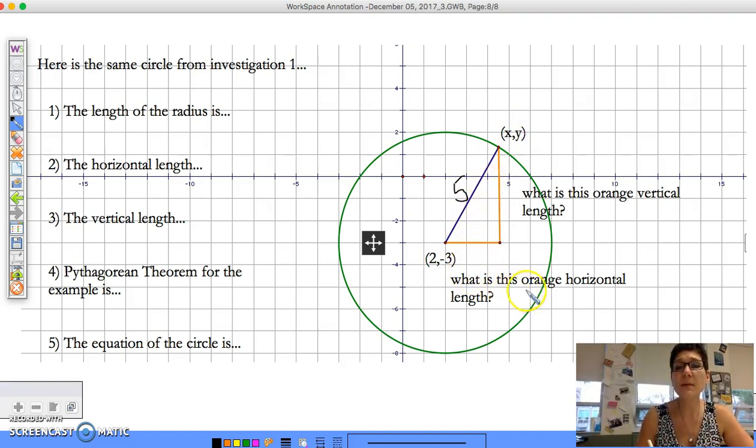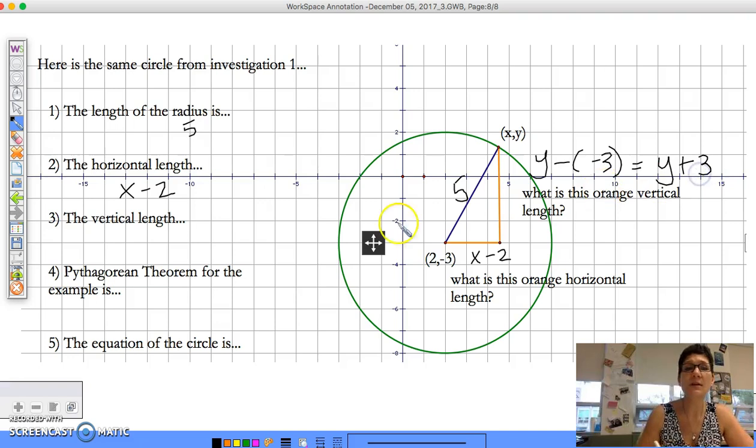So the orange horizontal length is the difference between these two, which is x minus 2. The length of this is 5, by the way, and this is x minus 2. And then the vertical length is y minus a negative 3, which is equal to, you guessed it, y plus 3.